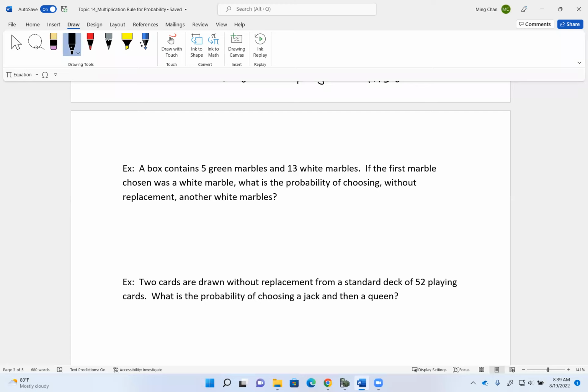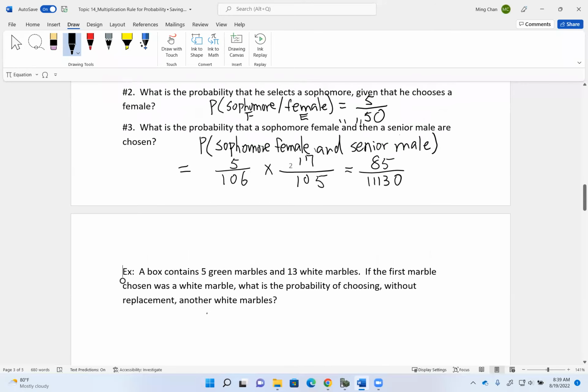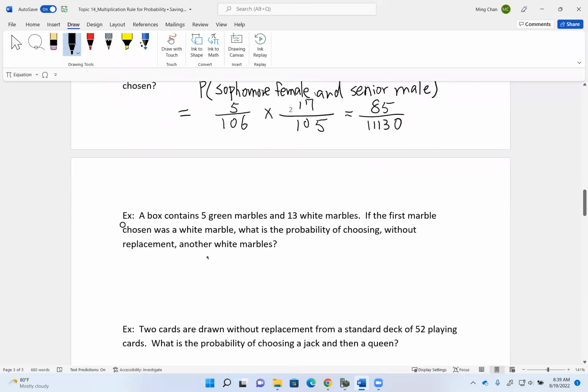This question is not saying choosing a white marble and another white marble. It is only asking me the second part, which is the second event. It's only asking, what's the probability of selecting a white marble, given that a white marble was already selected?